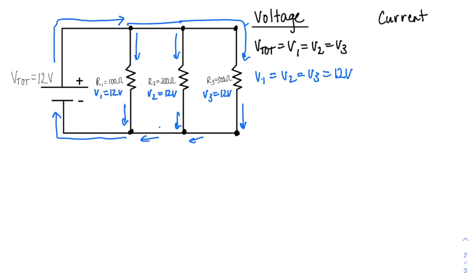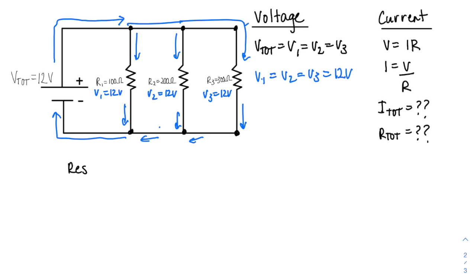Current at each of these resistors, we're just going to use V equals IR, or if I rearrange this, I equals V divided by R. Obviously, we're missing a step because in order to do this, I need to know what I total is, and for that I need to know the total resistance. So before we circle back to current, we need to look at resistance.